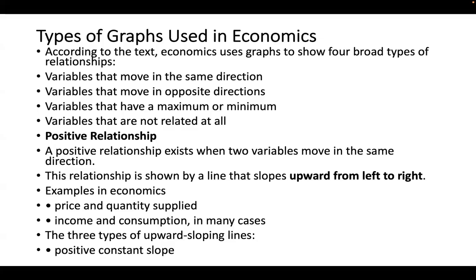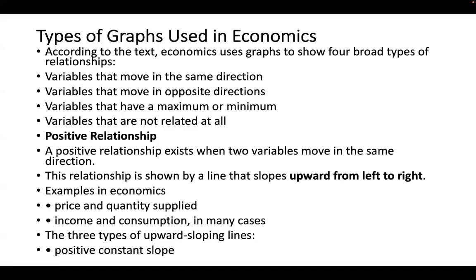So in economics, when we see positive relationship, we are saying that it exists when 2 variables move in the same direction. That is, if one increases, the other also increases. So this relationship is shown by a line that slopes upward from left to right.